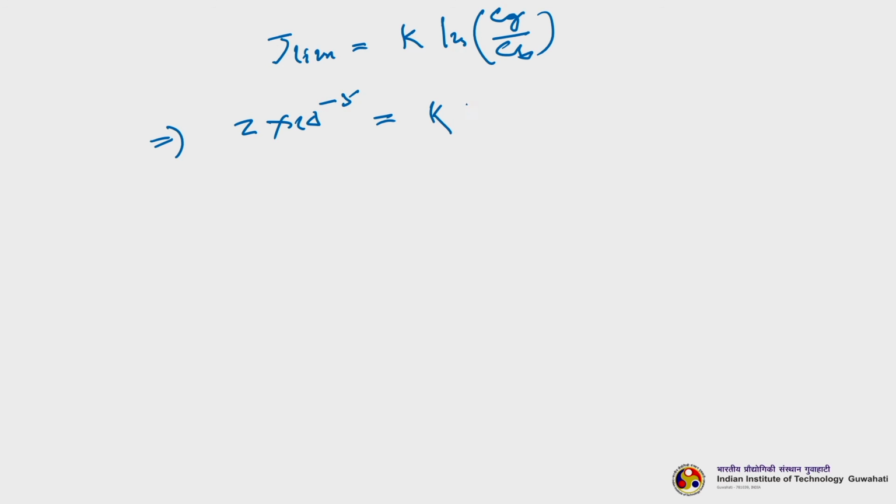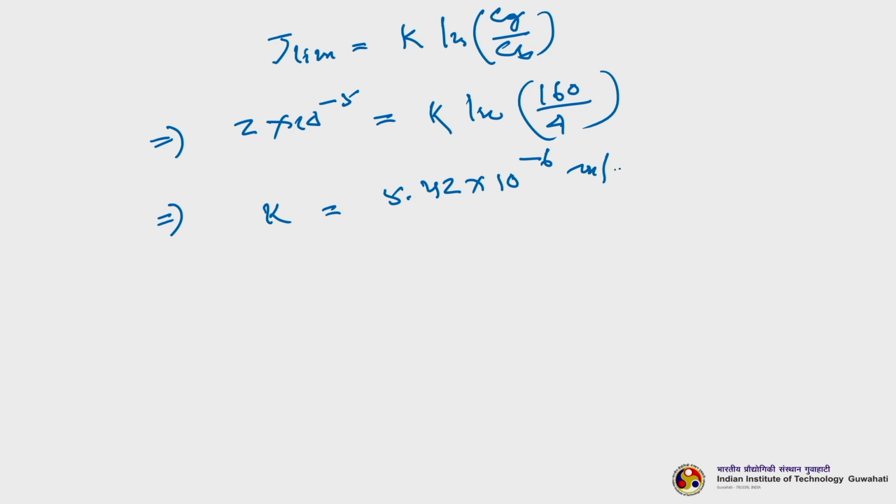So, J lim equals k ln Cg by Cb. This is the limiting flux equation. So, substitute the values: 2 into 10 power of minus 5 equals k ln of Cg, 160, divided by Cb, 4. So, from here we can calculate k equals 5.42 into 10 power of minus 6 meter per second.